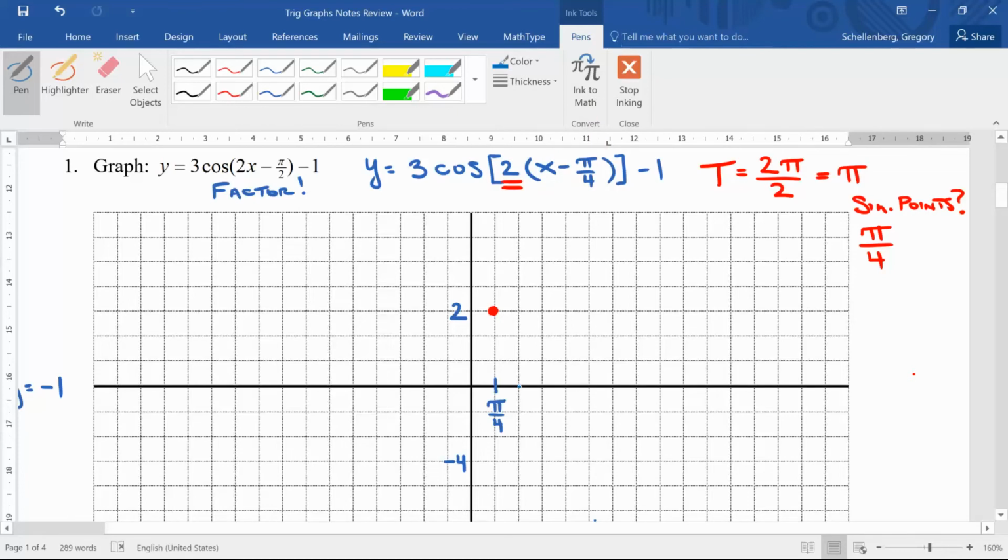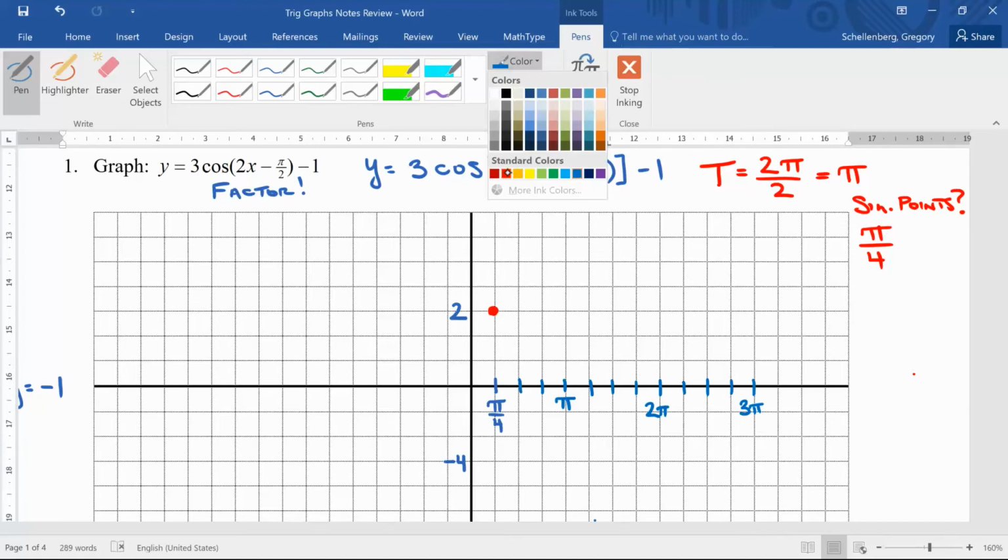So this would be 2 pi over 4, 3 pi over 4, 4 pi over 4 is pi, 5 pi over 4, 6 pi over 4, 7 pi over 4, 8 pi over 4 is 2 pi, 9 pi over 4, 10 pi over 4, 11 pi over 4, 12 pi over 4 is 3 pi, and that's probably enough for now.